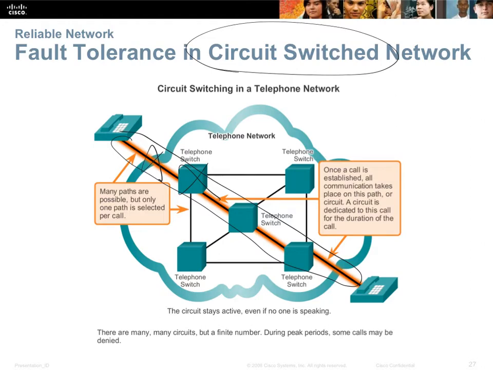If there is any problem throughout the line, you have to re-establish the communication from the beginning, because the whole communication is disconnected, is dead. And you have to spend some time to re-establish the communication again. That's a significant impact. So circuit switched is generally less fault tolerant compared to the paradigm that we will talk about in the next slide.